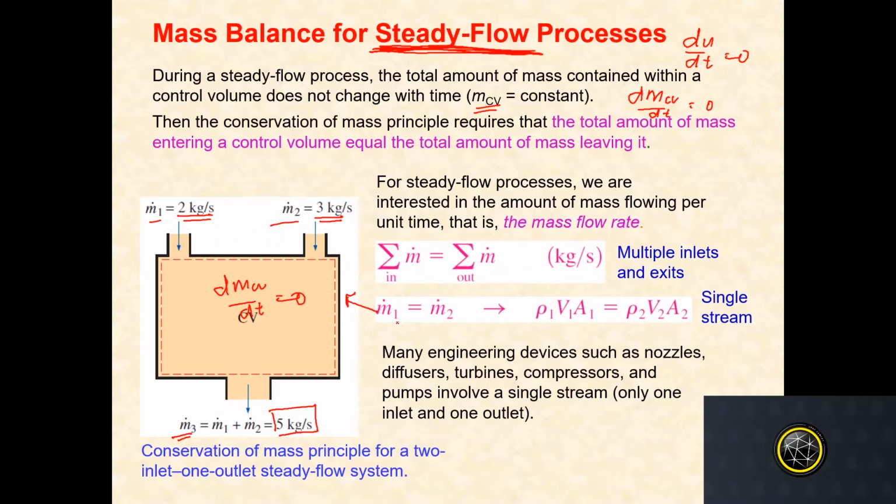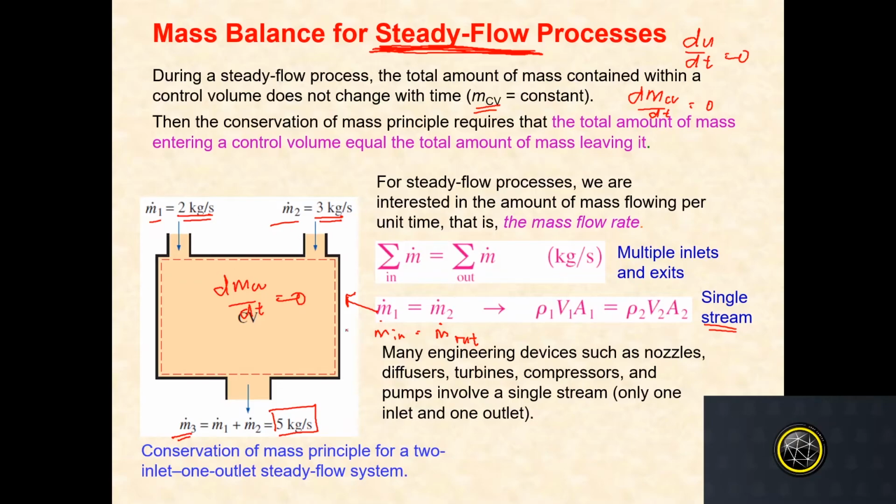The 1 here means that the mass flow rate in equals the mass flow rate that goes out: rho in, V in, A in equals rho 2, V2, or rho out, V out, A out. This is for a single stream, meaning that you have 1 inlet and 1 outlet. There are many engineering devices, such as nozzles, diffusers, turbines, compressors, and pumps, that involve a single stream, which has only 1 inlet and 1 outlet.